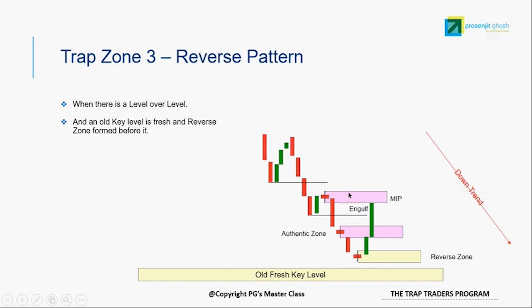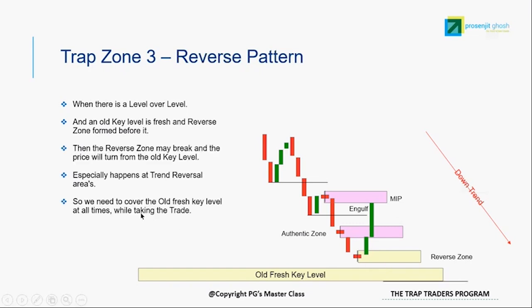Price will move up to the MIP and also this level over level will be there, and from the MIP price will turn, and price will drop, touch, break the reverse zone, go to the old fresh key level, and from there price will move up, break the supply MIP, and move beyond it. I mean, a big trend reversal can happen.